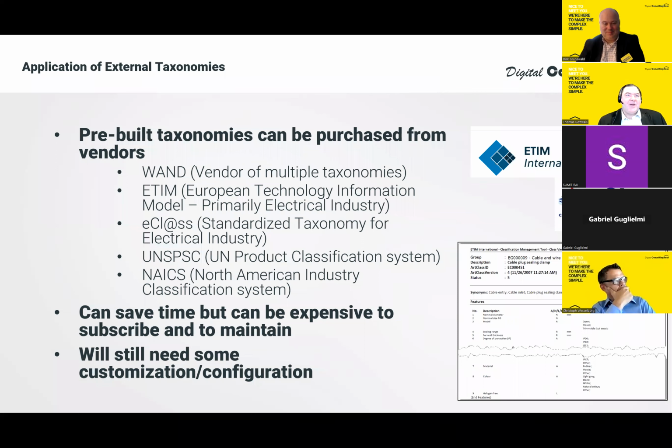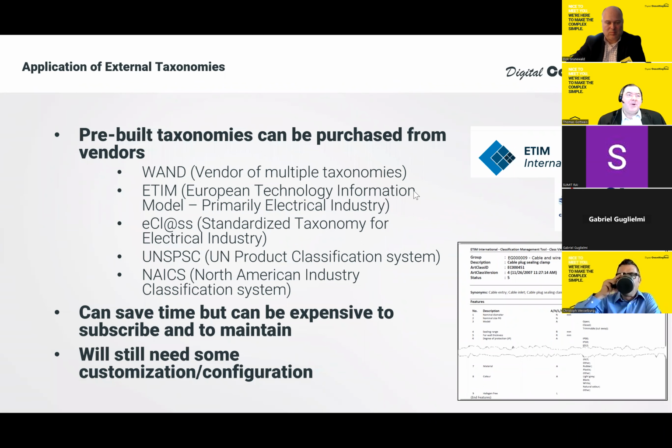Then there are standardized taxonomies like ETIM or eClass or UNSPSC or NAICS, which are various different national and international systems to actually classify larger groups of products. So clearly, this is something that can save time as you're looking to apply an enterprise taxonomy to your business. But it can also be expensive to acquire, and it's still going to require some configuration and some ongoing maintenance.